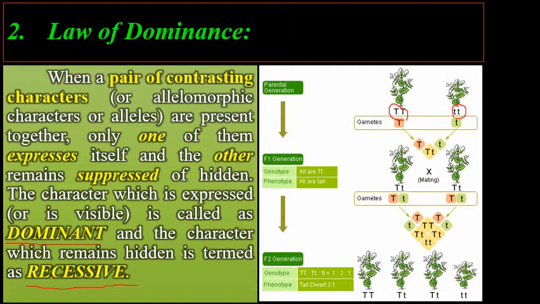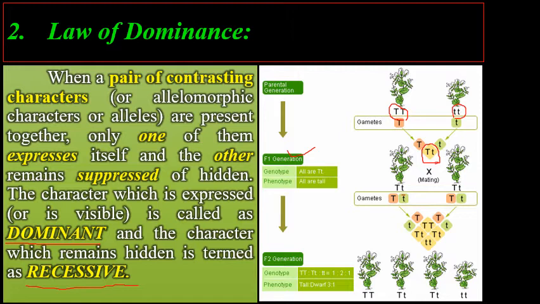They produce gametes, and in the F1 generation the gametes fuse together to form a hybrid tall plant. That means in this F1 generation the dominant or expressed character is tall, and the recessive or suppressed character is the short or dwarf plant.